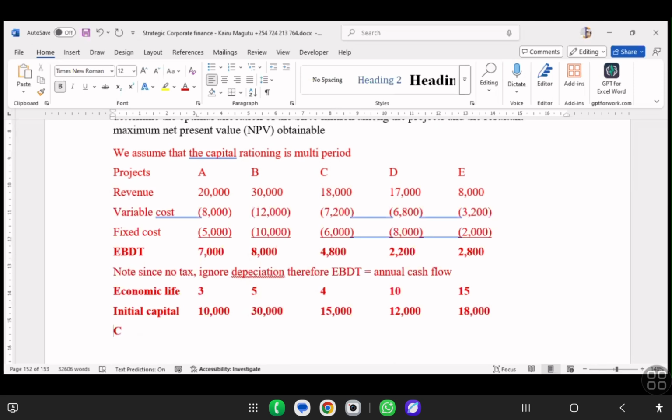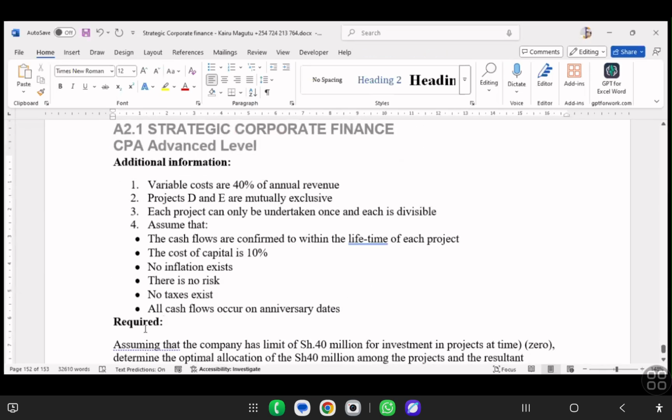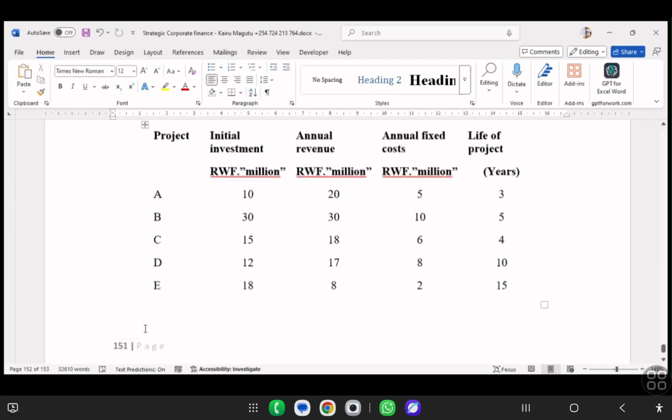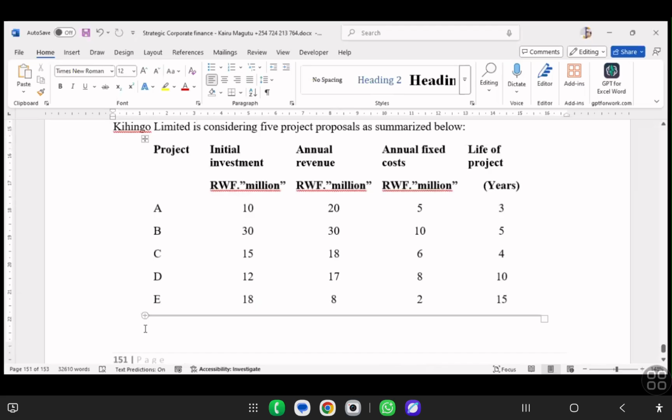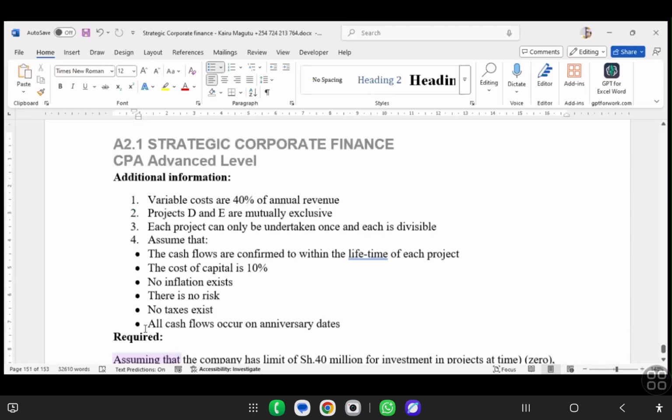Cost of capital we get from the question. The cost of capital is 10%. Do we have salvage value? We don't have the salvage value. No salvage value for any of the assets.